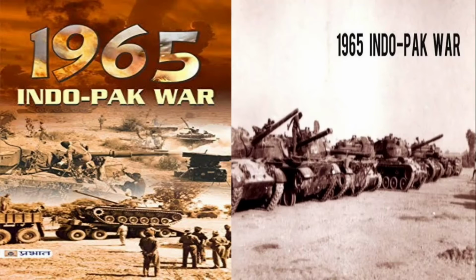The conflict began following Pakistan's Operation Gibraltar, which was designed to infiltrate. Infiltrate means the act of secretly entering a physical location. Operation Gibraltar was designed to infiltrate forces into Jammu and Kashmir to make armed uprisings suddenly and quickly against Indian rule.